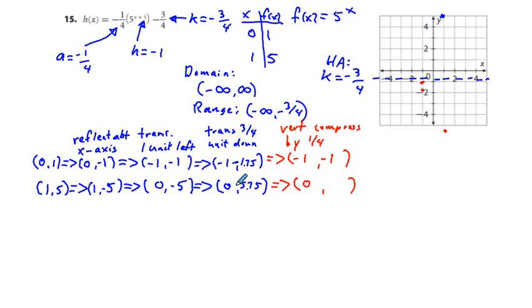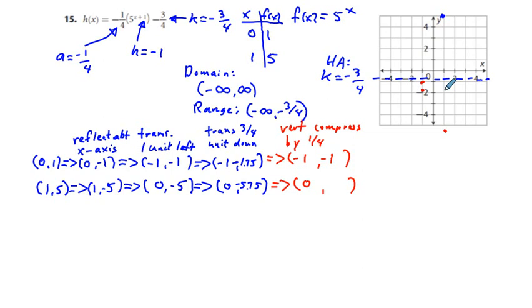And finally for this one, 5.75, how far are we below here? 1, 2, 3, 4, 5 units below. So we're going to have 5/4 of that distance.